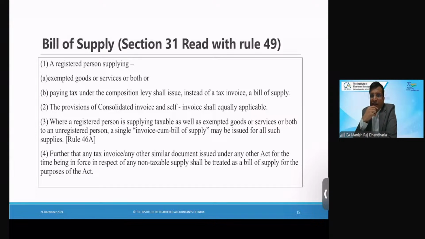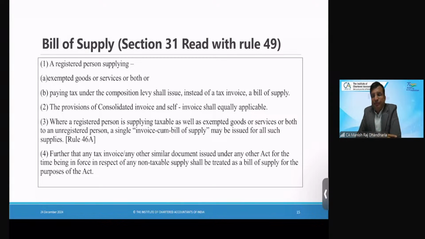Because composition supplier cannot claim. Yes, this is the correct answer. Nayan Patil: tax cannot be collected from the recipient. Because when I issue a tax invoice, I write the tax element and I collect the tax from the recipient.